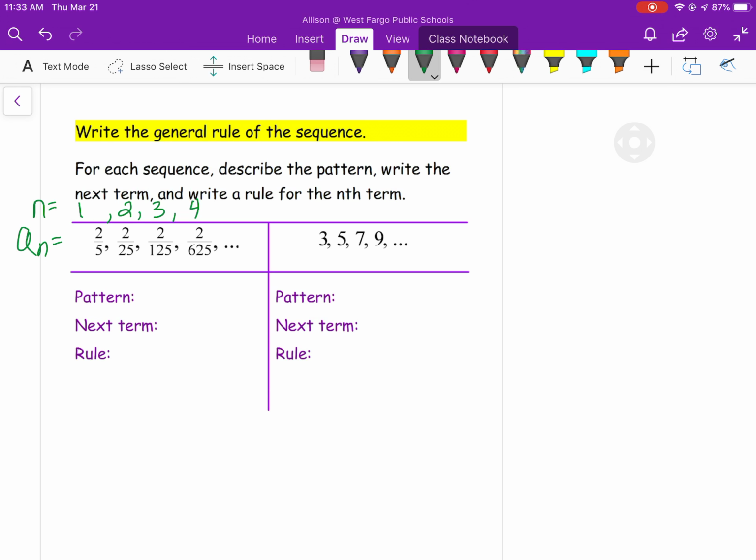So this is a sub n of 1, a sub n of 2, etc. So if you look at the pattern here, we did a general rule with this pattern before, 2/5, 2/25, 2/125, 2/625. And if you remember, those are all powers of 5. So our pattern, we're keeping 2 on the top, and then on the bottom, it's powers of 5.